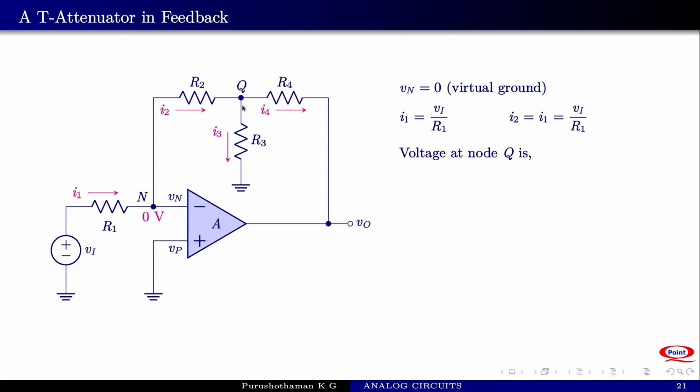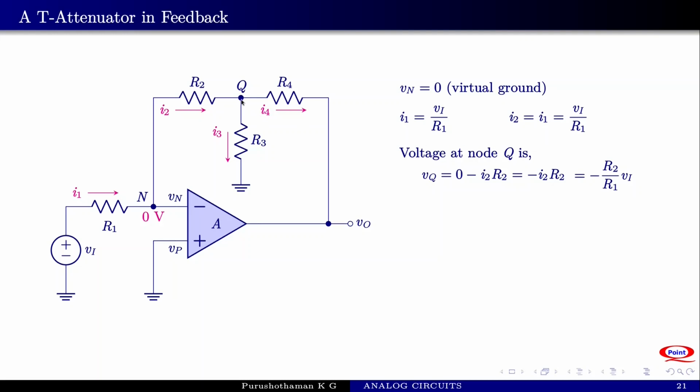Voltage at this point is equal to 0 volt minus the drop across R2. Drop across R2 is I2 into R2. So it is 0 minus I2 R2, which is equal to minus I2 R2. And we have I2 is equal to Vi by R1. Substituting that, we get this is equal to minus R2 by R1 into Vi.